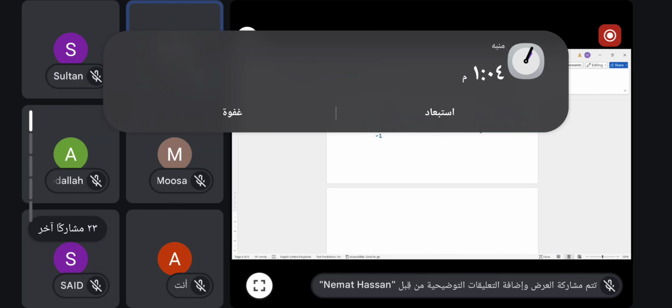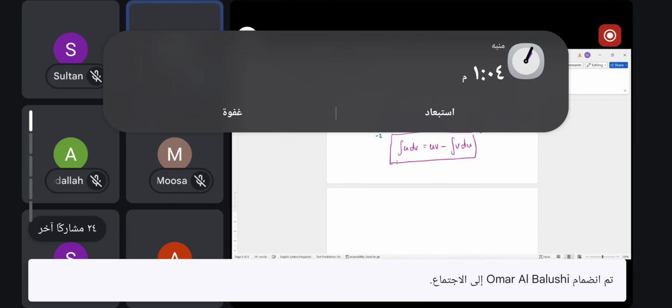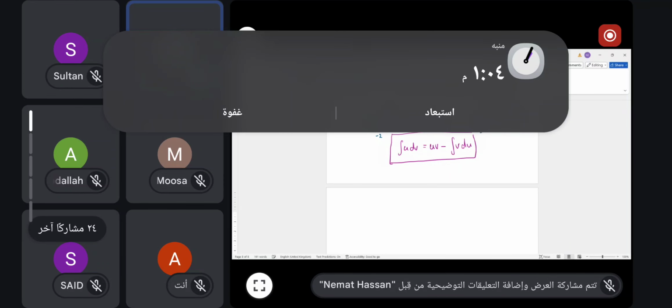I don't think it's available in the formula sheet, but the rule is if you have the integral of u times dv, two functions, then this integral is equal to u times v minus the integral of v times du. Remember that rule? So this is what I'm going to use here. I'm going to assume that t is u and this is dv. Okay? So let's write our statements.